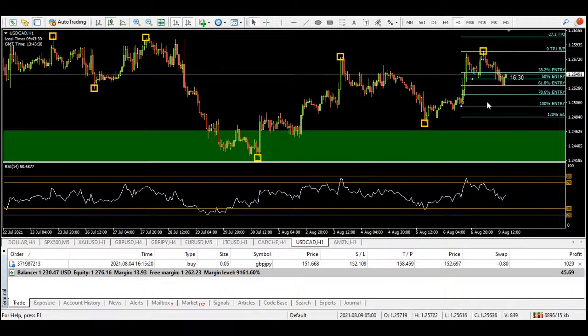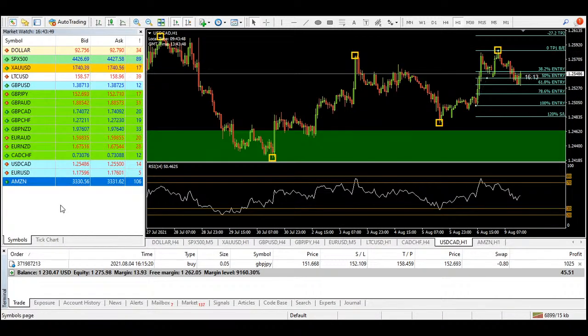US CAD would be a good pair to look at for that trade, for the news, which is in about 16 minutes. And you know what? I wonder how UJ is looking right now. Let's see.